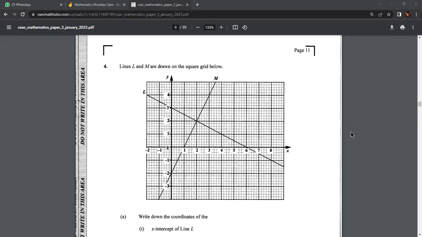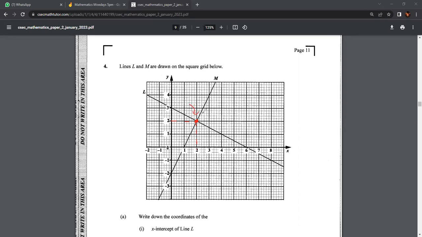Lashadi, I'll go over it, no worries. So in a graph, if I want to know the values of x and y which are the same, it's where they're going to cut. Where the two lines cut each other, their x and y values will be the same.